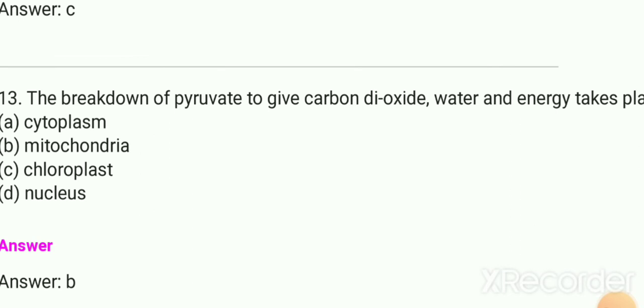As you all know, glycolysis is the process by which glucose is converted to pyruvate, which generally occurs in the cytosol. After that, pyruvate enters the mitochondria for further oxidation. So this is done inside the mitochondria.